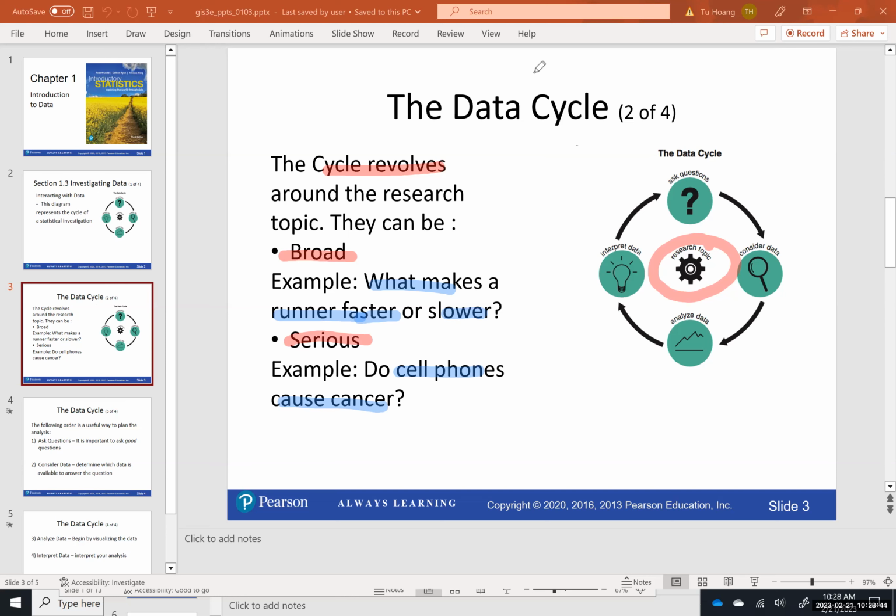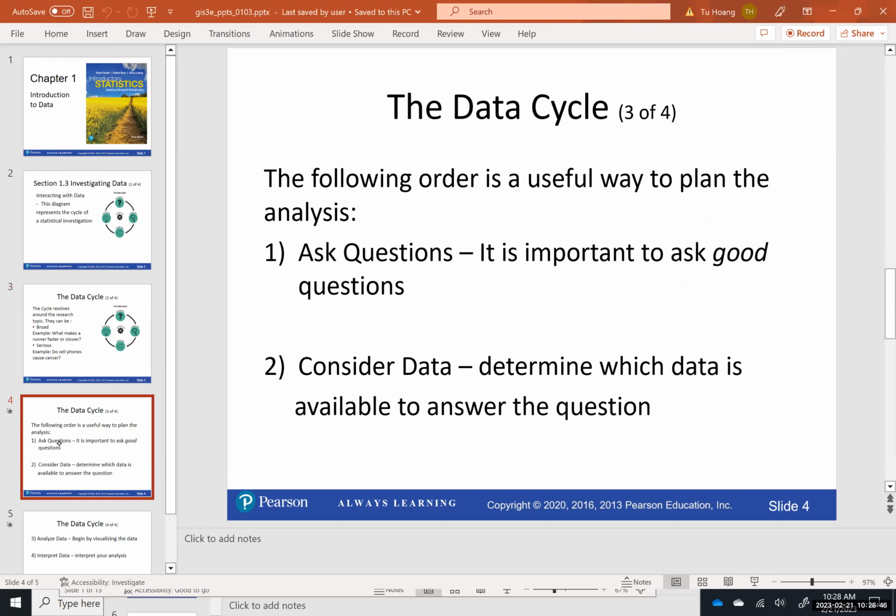Let's see the other stuff. Okay, so we're still talking about the data cycle, and the following order is a useful way to plan the analysis. First we ask the question, right?